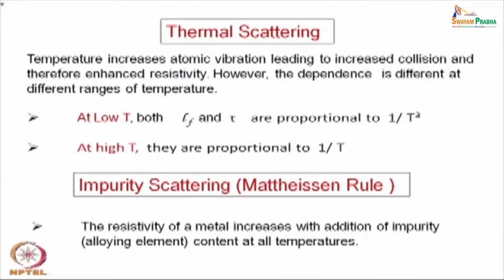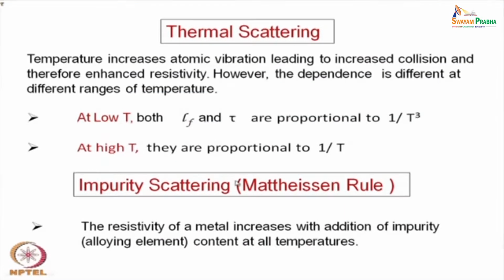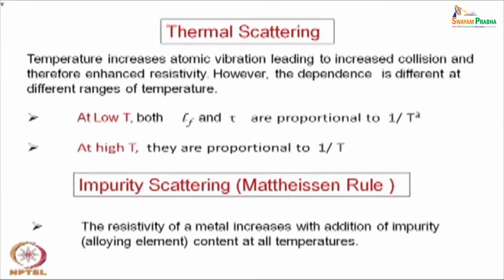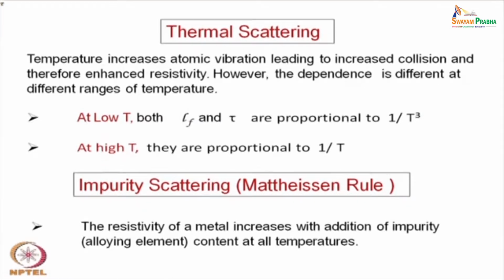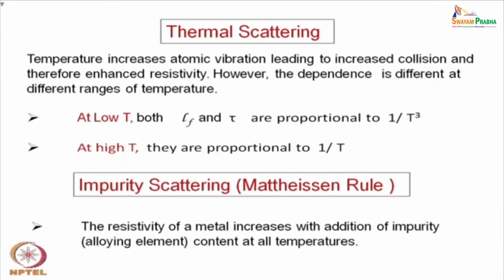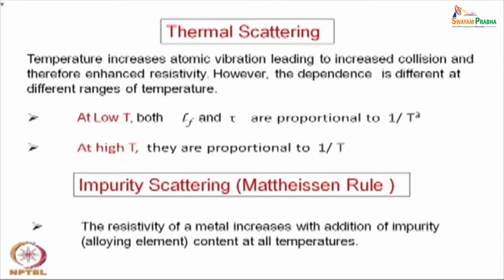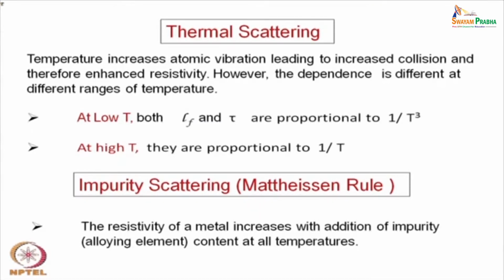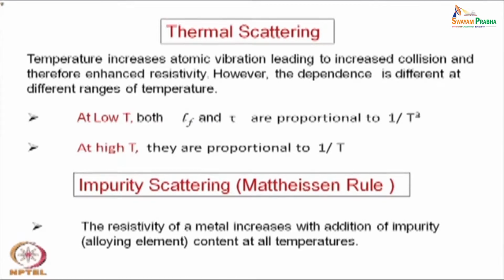So, whether we should have a metallic alloy or a pure metal is determined by the effect of the alloying elements, and it has been seen that the resistivity of metal increases with addition of impurity or alloying element content at all temperatures.